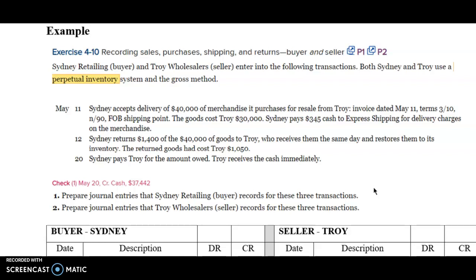So we're going to look at one more problem. This is a really cool problem because we're going to be looking at the buyer and the seller.